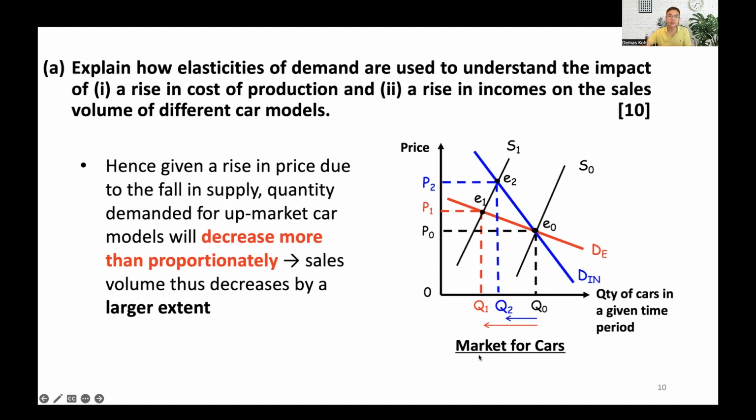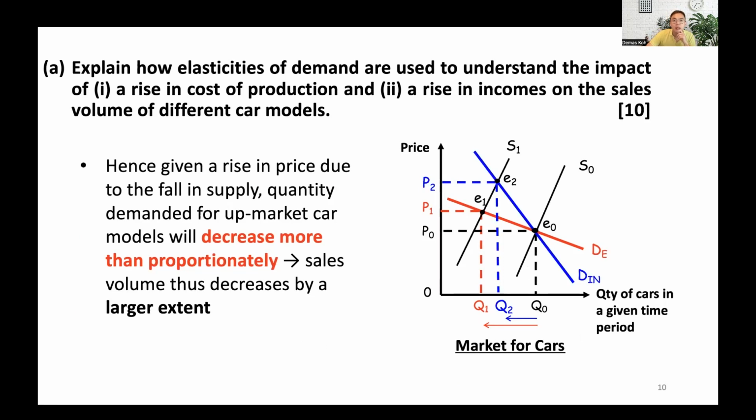So remember this diagram that I showed you earlier? Now, I am going to have to tell you to ignore the portions in blue because that's not really applicable, right? As we have justified that demand for cars is price elastic, right?